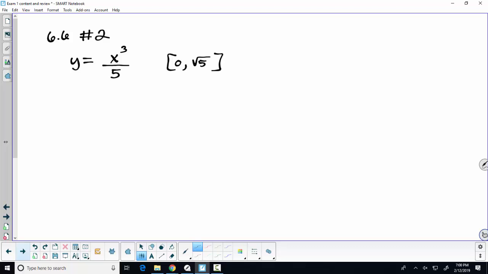And I got to the point where there's a certain step where it didn't really explain how it got there. So this is surface area, right? Revolved about the x-axis.